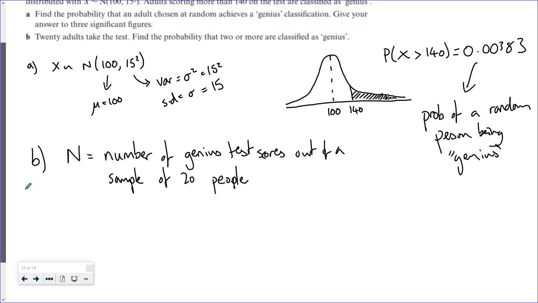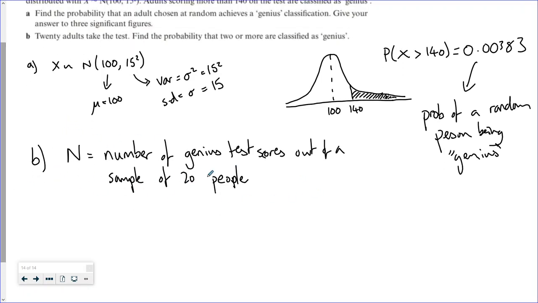Now, you should be able to recognize that this is actually a binomial distribution, because what we're doing is we're basically doing 20 trials and we're counting how many successes we have, where success is someone being a genius. So n is a binomial distribution, and we're doing 20 trials, and the probability of success on each trial is the probability that a random person gets a genius test score, which we've worked out in part A as 0.00383.